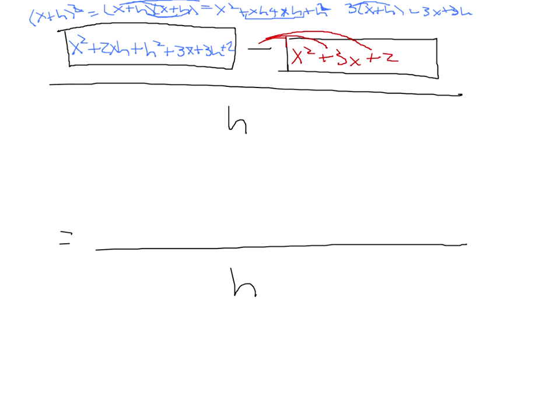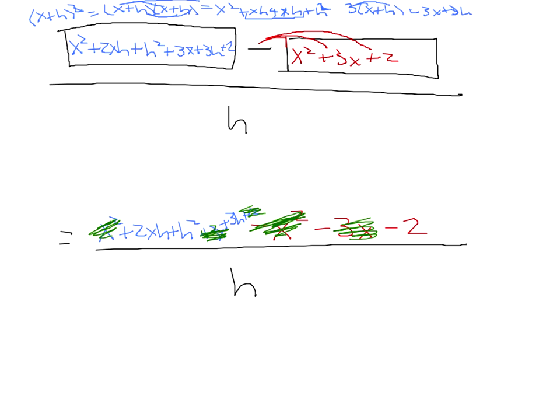And in my next incarnation, that's going to get distributed, so I get minus x squared minus 3x minus 2. And then over here, all this stuff comes out, and I get x squared plus 2xh plus h squared plus 3x plus 3h plus 2. And what happens now is I got a plus x squared and a minus x squared. I got a plus 3x and a minus 3x, and I got a plus 2 and a minus 2.